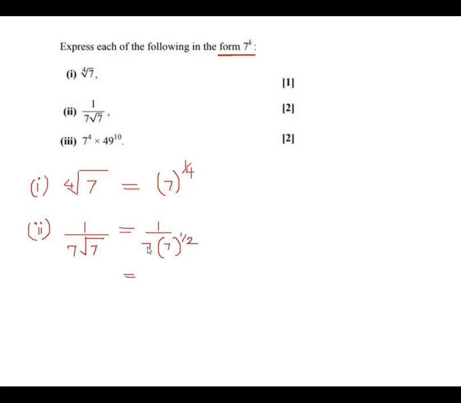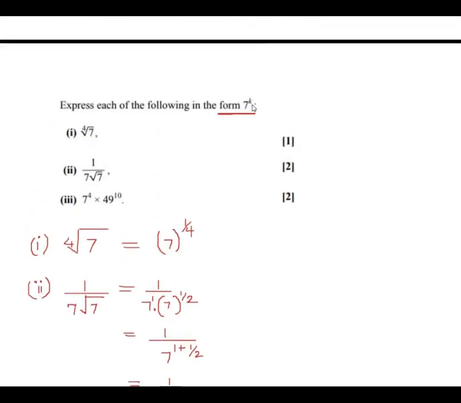Now if we see here, 7 is raised to the power of 1 and here 7 is raised to the power of half. So we can simply write it as, using laws of indices, 7 to the power of 1 plus half. That will give us 1 over 7 to the power of 3 over 2, since 1 plus half is 3 over 2.